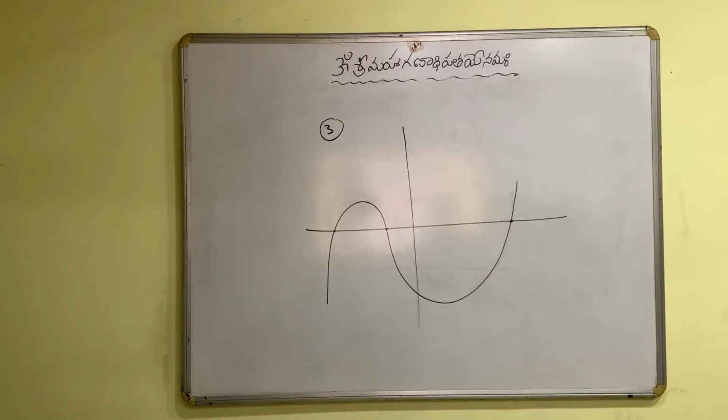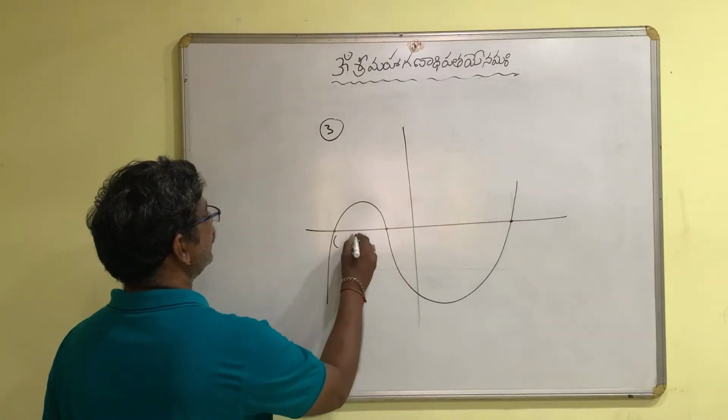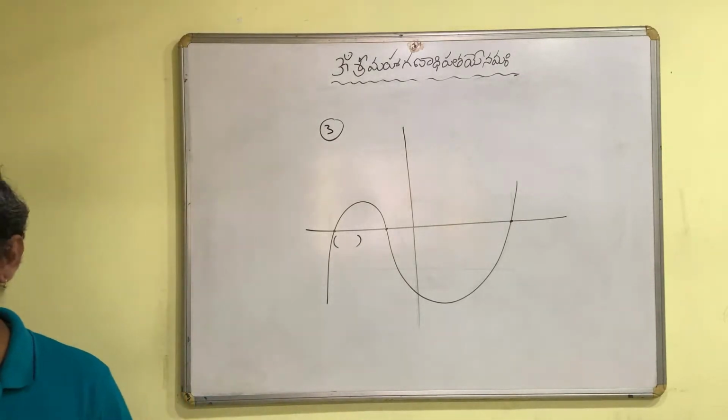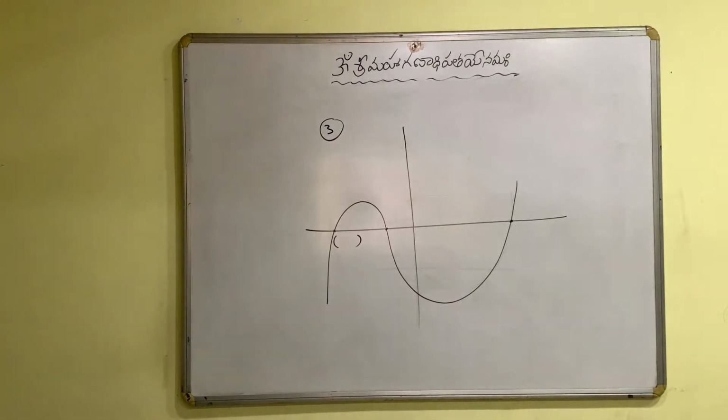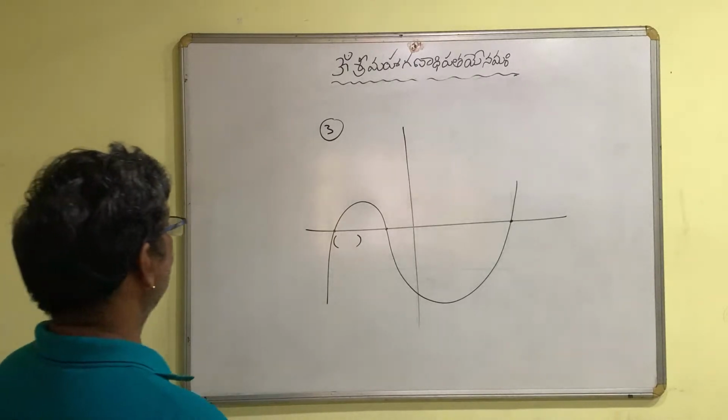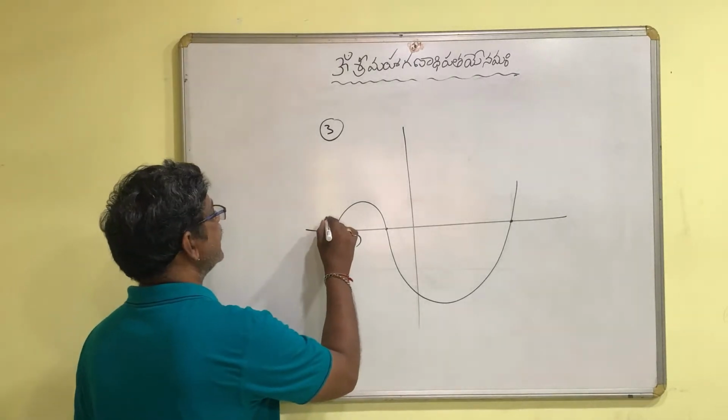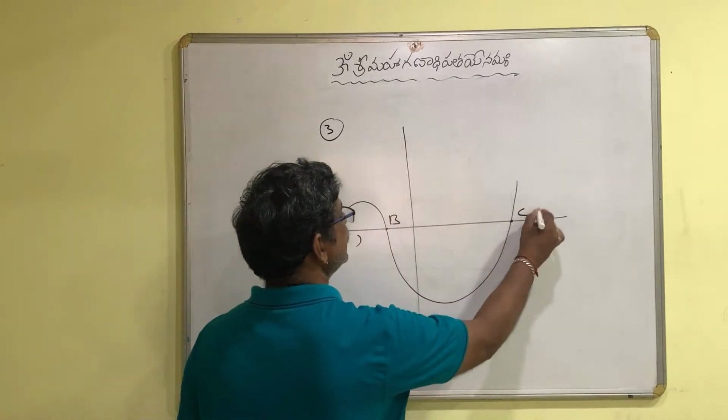Now, observe the graph everyone and tell me what are the coordinates of this point? I can name these as A, B, C. Let it be.